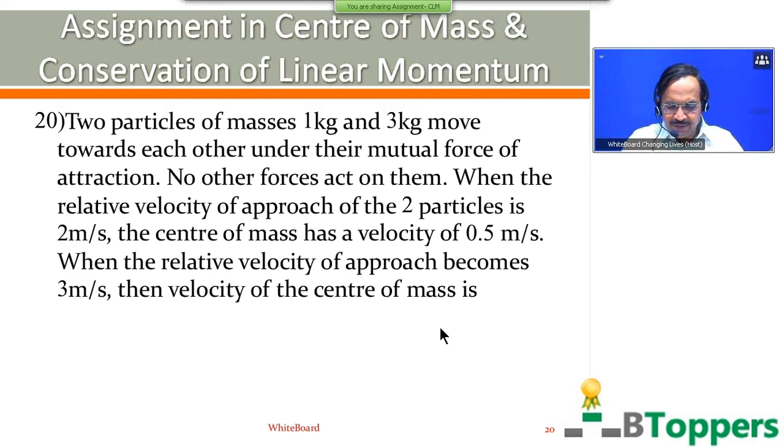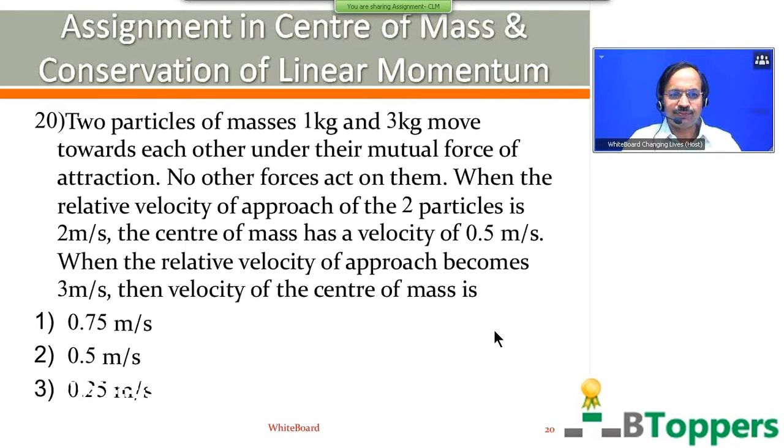Then velocity of center of mass is. Come on, try the question. This question was originally given in one of the old entrance examinations, the IIT JEE objective type paper.